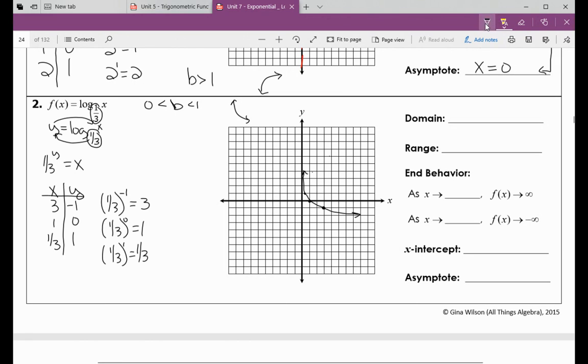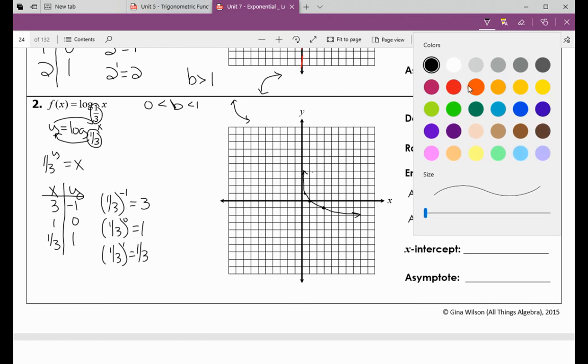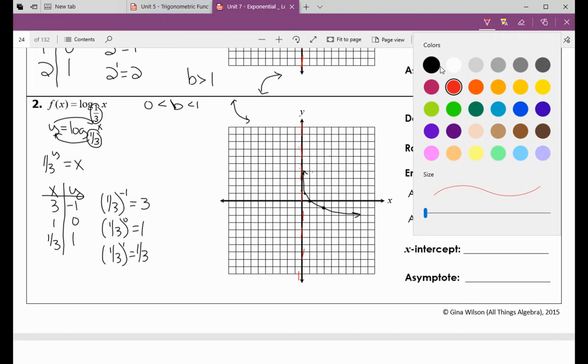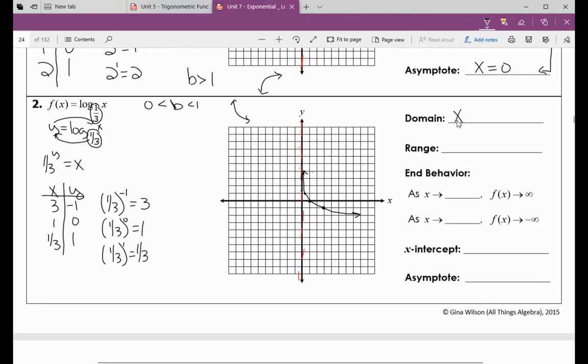I have not crossed the y-axis. All right, so when we answer our questions, we still have all numbers greater than 0 for the domain. Our range is -infinity to +infinity.